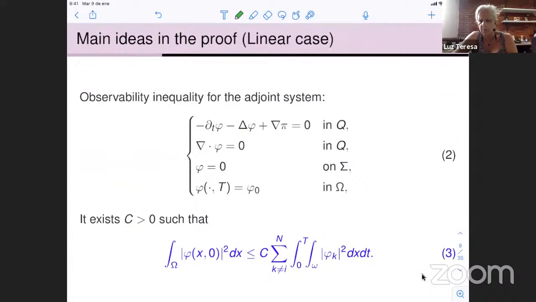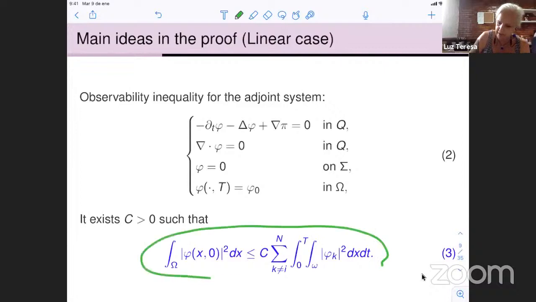So the main ideas in the proof of Coron and Guerrero are the following. In controllability theory, it's well known that the null controllability of our direct problem is related to an observability inequality for the adjoint system.